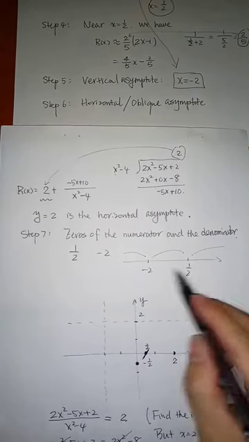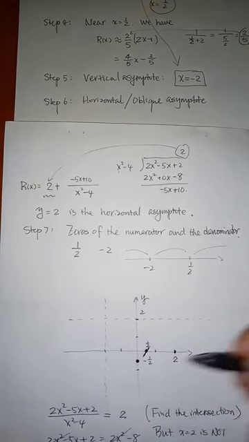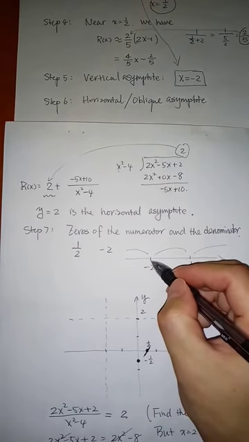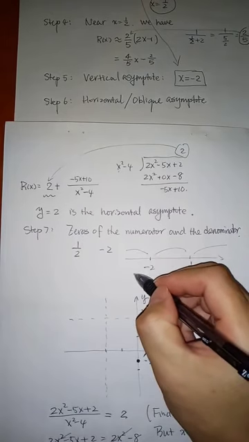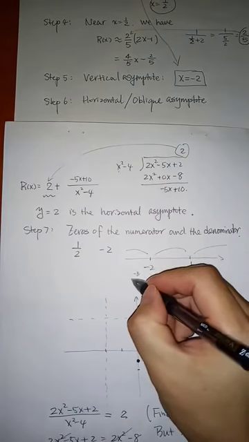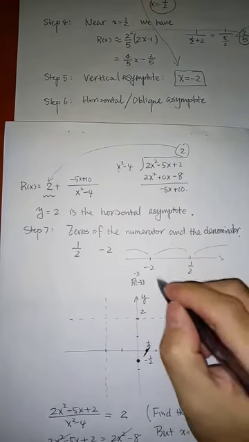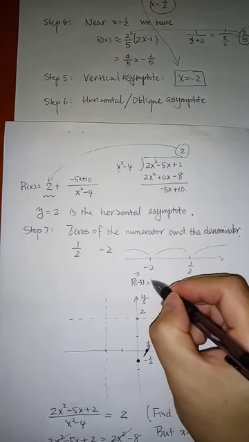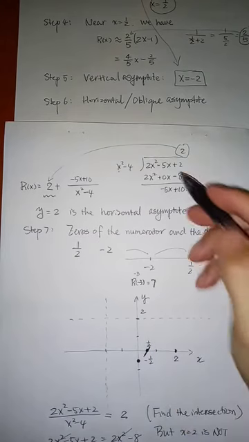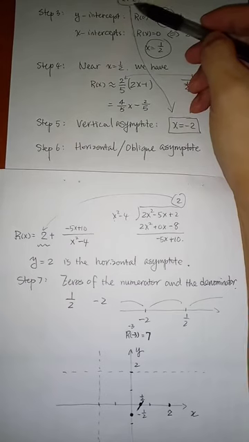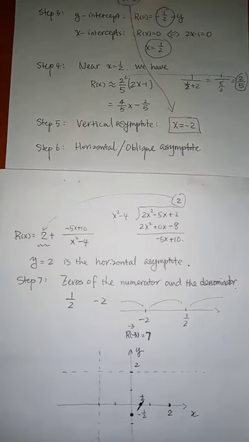Let's use these 3 segments to add additional points. So here, less than negative 2, let's pick negative 3. You evaluate r of negative 3. You will get 7. Just put the value here. Negative 3, yeah, it is equal to 7.